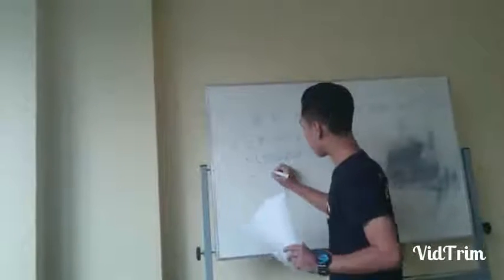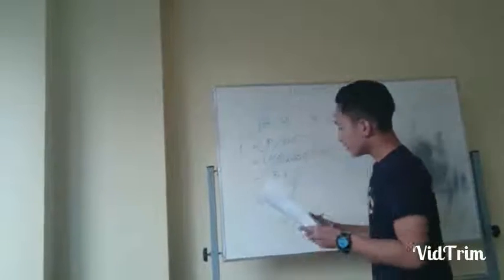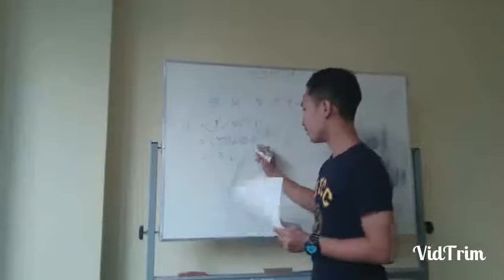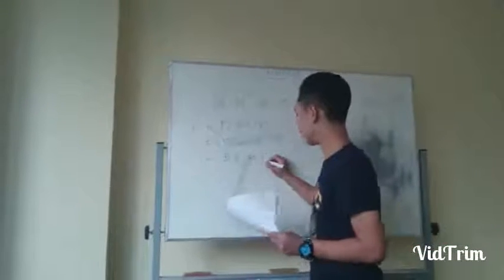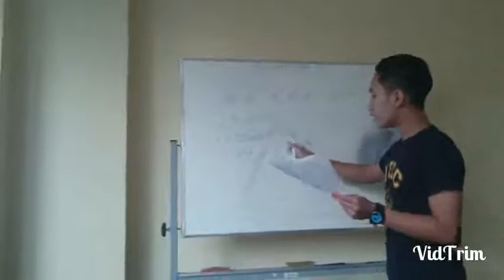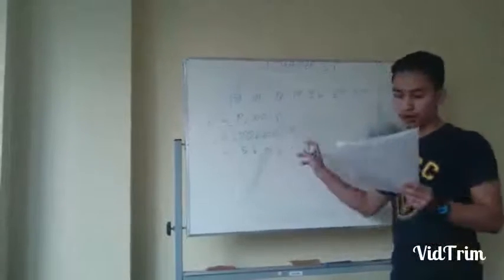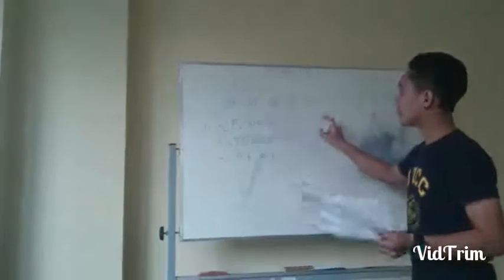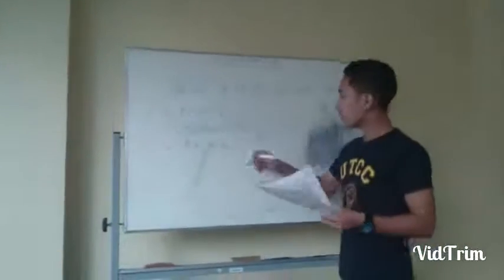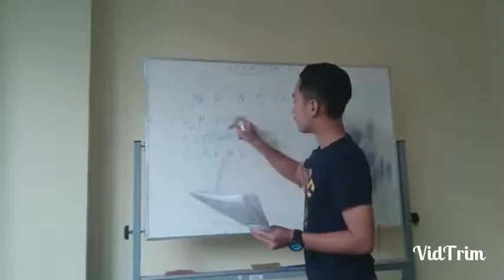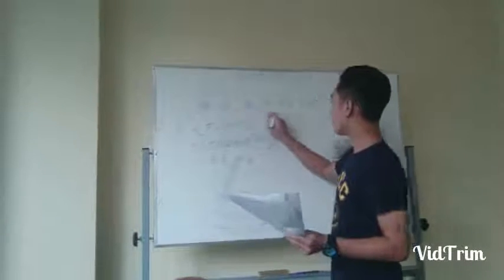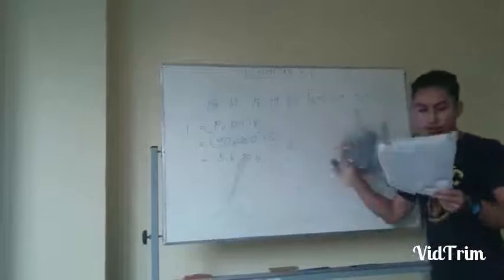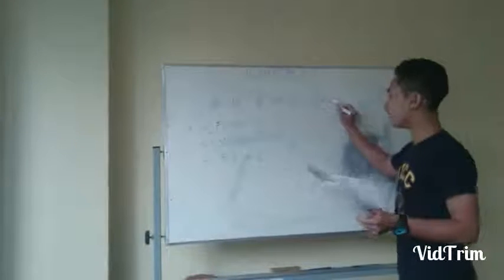You round it up to be 6. When you get 6, that means the location of data. The location of data 6 is 1, 2, 3, 4, 5, 6. Number 27. This is the answer.